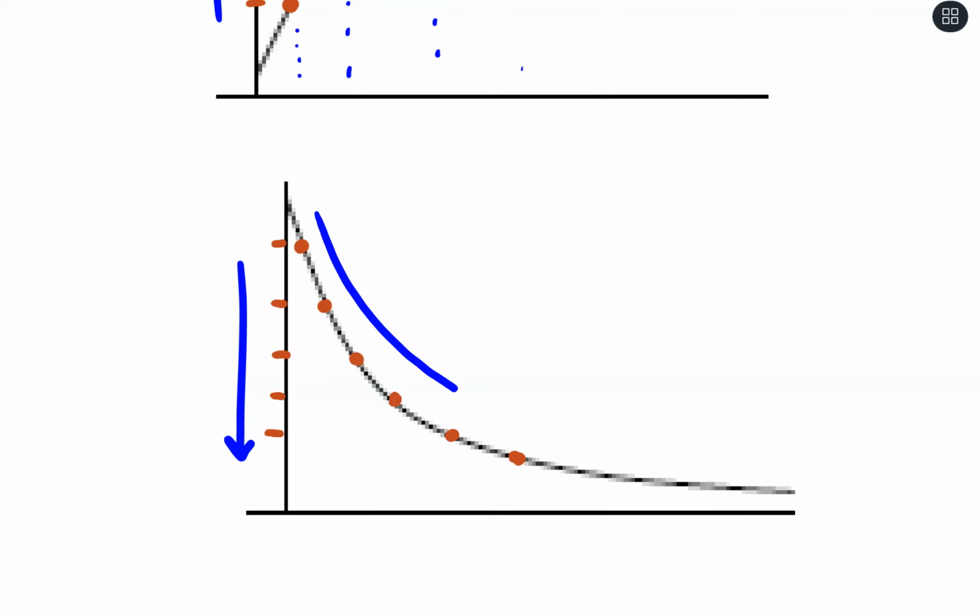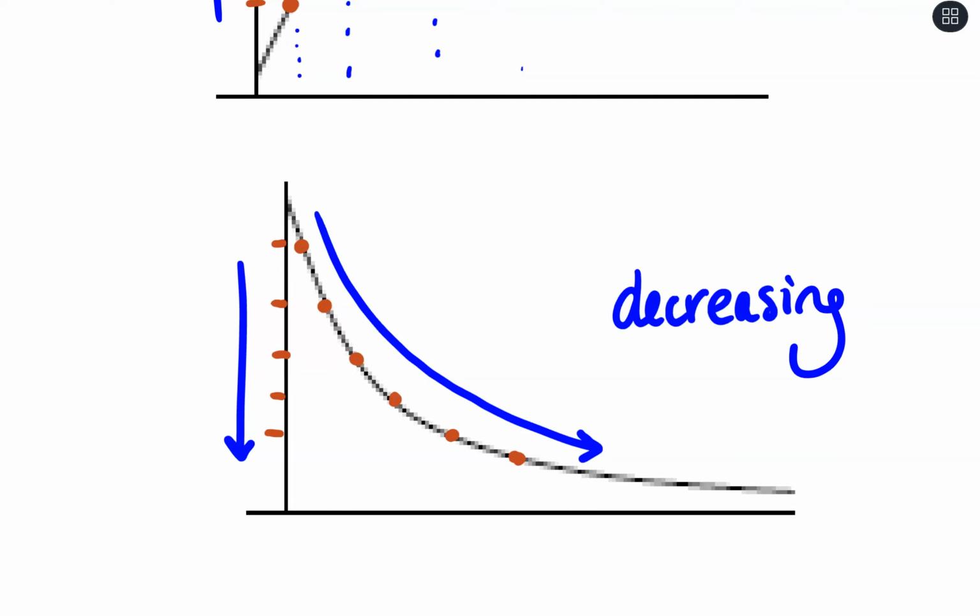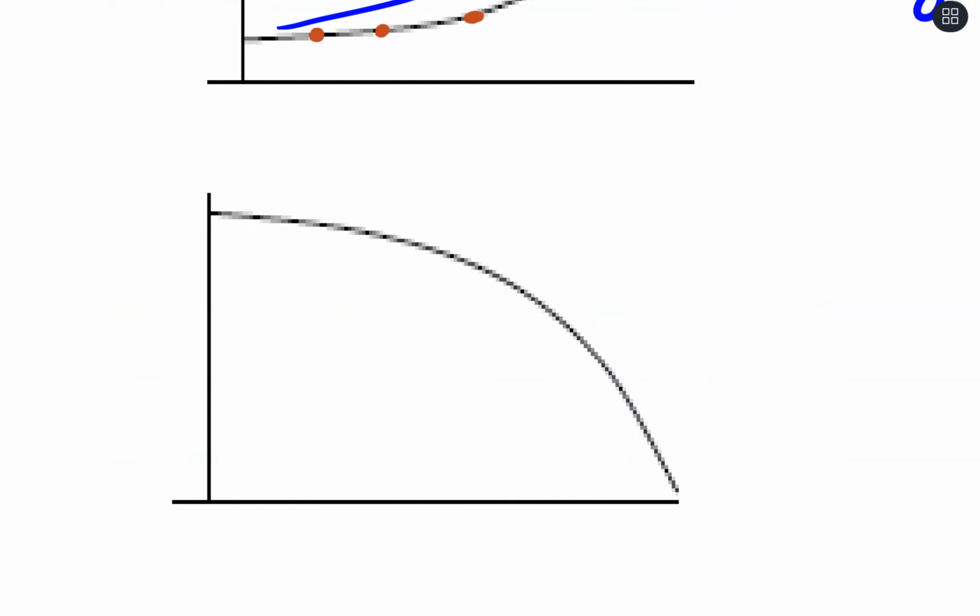So reading left to right, this is going downward, and with that, this would be decreasing. And similar idea here of reading left to right and tracking along. Those points would be getting lower and lower on the y-axis, and with that, this would also be decreasing.